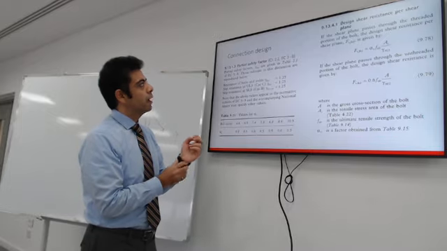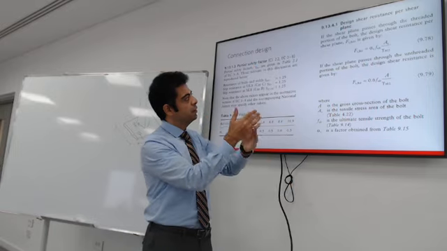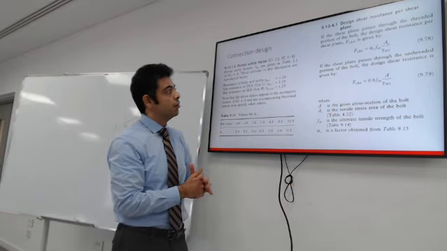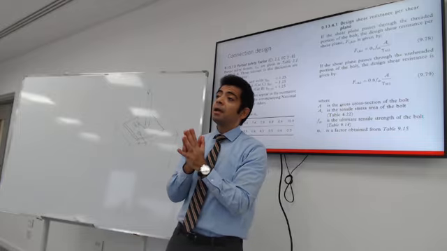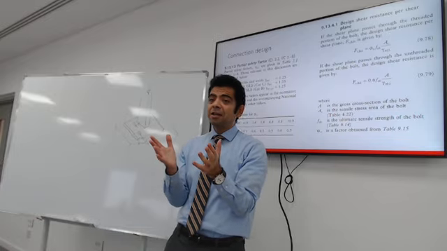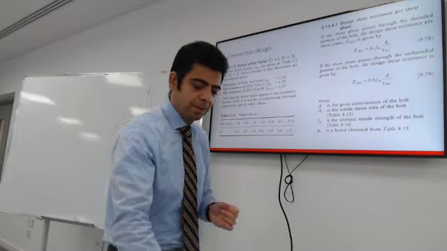We need to figure out the shear capacity for the material and the shear capacity of the bolt and compare the two. In essence, when you're designing a connection, make sure that the failure is not going to happen in the bolt and it's not going to happen in the base material.